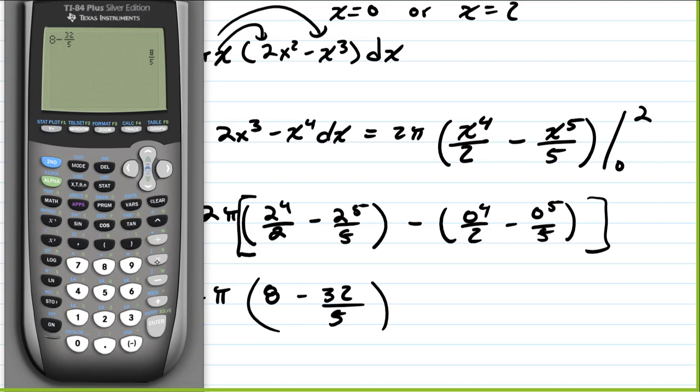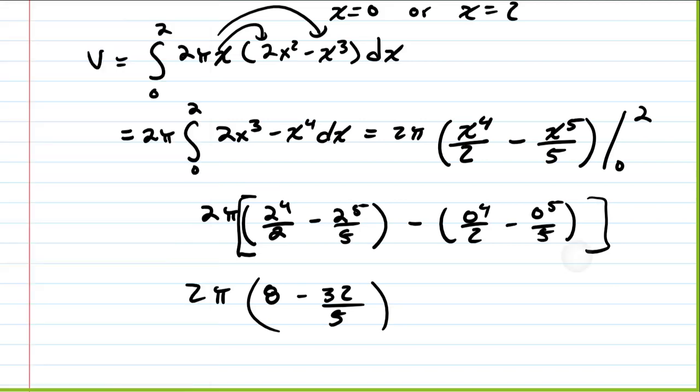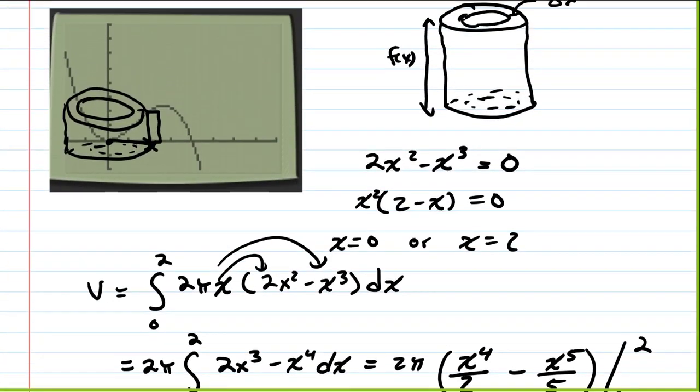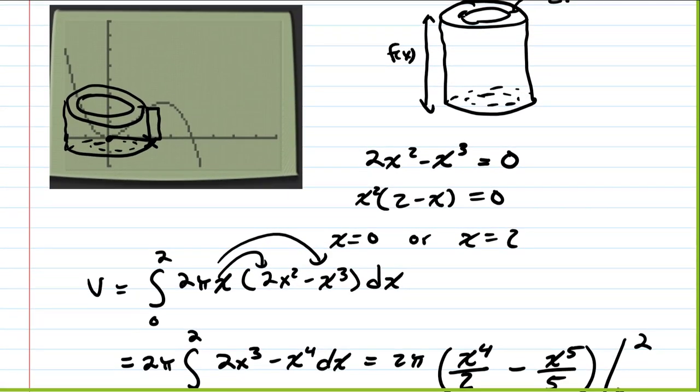And we times that by 2. And we get 16 pi over 5. So cylindrical shells gives us a tool to rotate something about a different axis, which would be really hard.